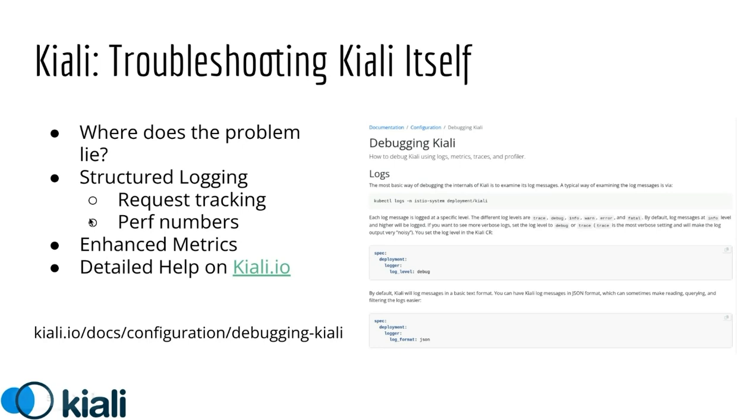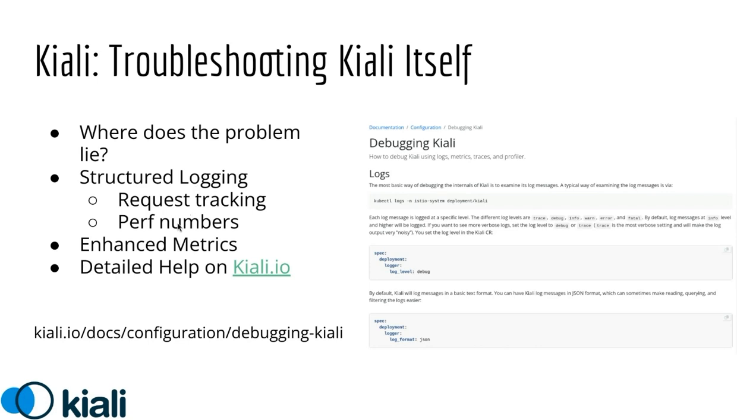To do that, we've gone through our logging quite a bit. We've added structured JSON-based logging, which can perform request tracking of Kiali requests going through from the front end to the back end to the external repos and so forth. And then you can pick those out of the log using request IDs.